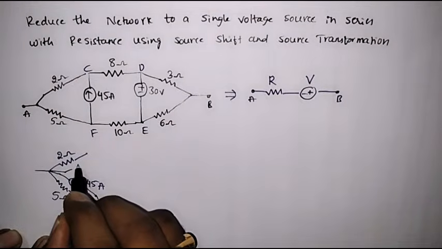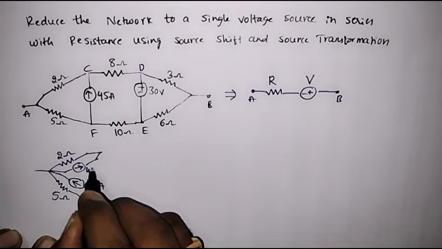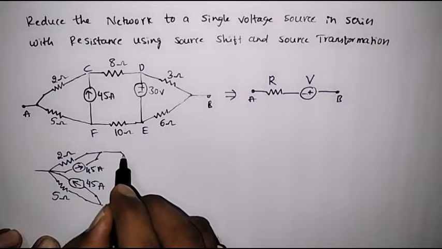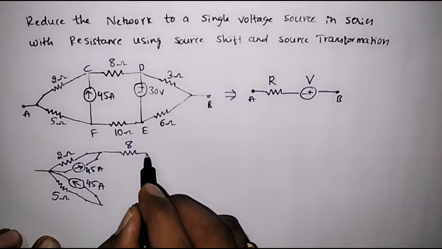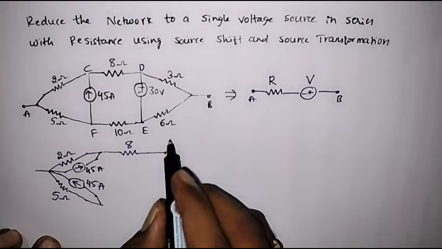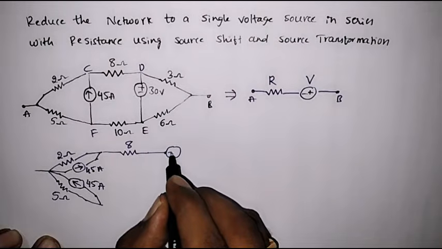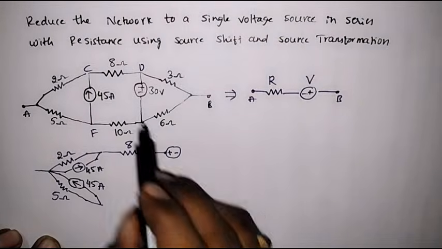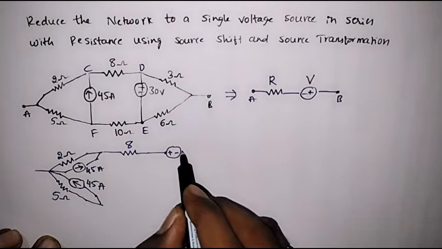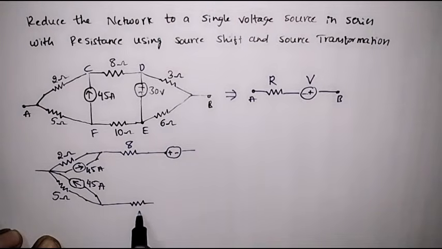Similarly here we get a current source of magnitude 45 amp and here as usual there is an 8 ohm resistor. I will connect this 8 ohm resistor and here I will apply source shifting. So this voltage source will come in series with this. The polarity of the voltage source is this end positive, this end negative, because the negative end is connected to the E terminal, and here the 10 ohm will come in series.